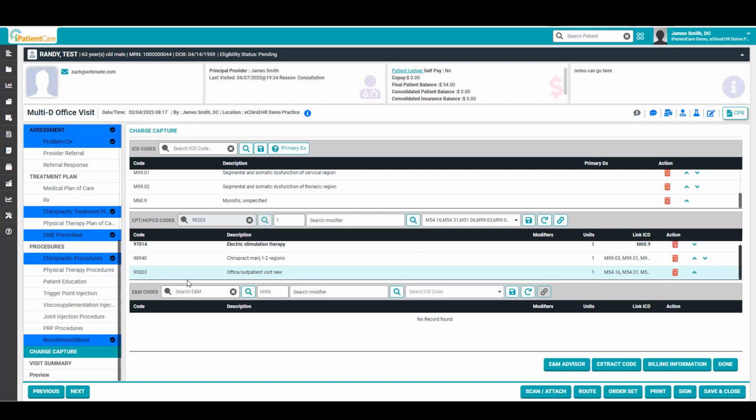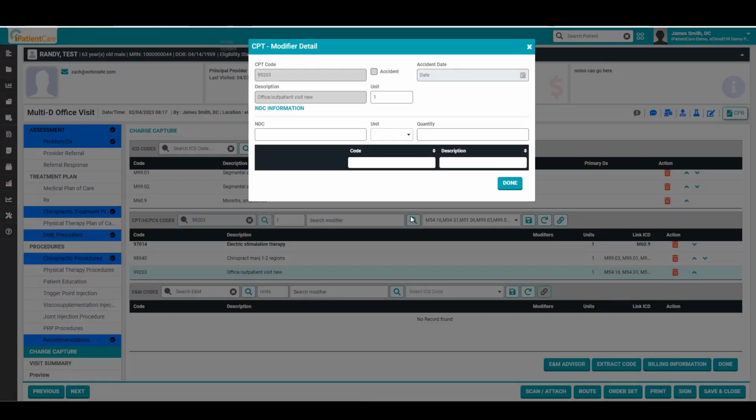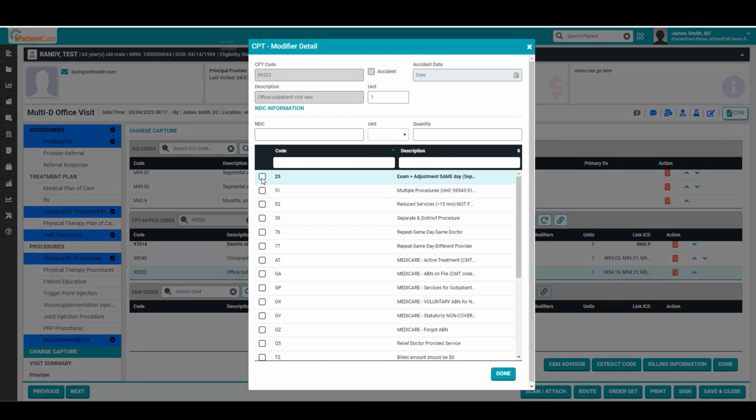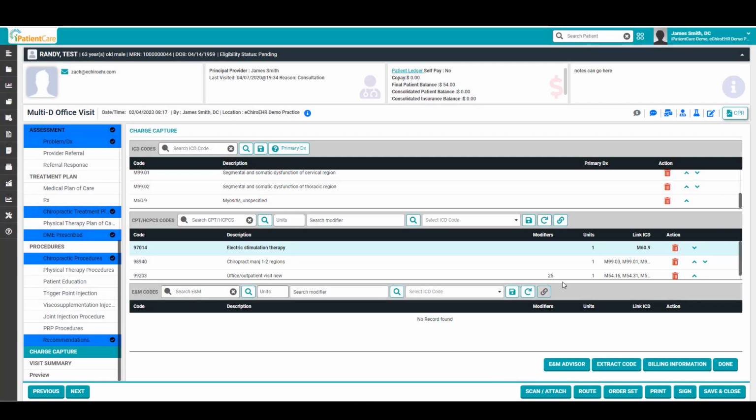So we've selected 99203, and then next we will search for the modifier, and so we'll click the search button. And we know that we need to add the -25 because the exam and adjustment was done on the same date. And that modifier now is added. And that finishes our note.